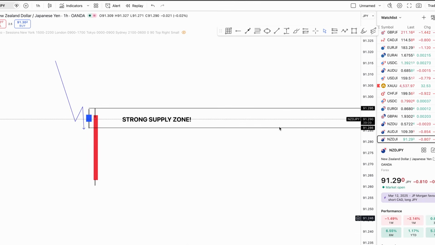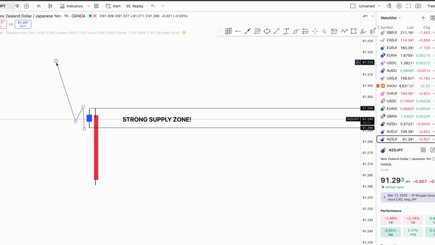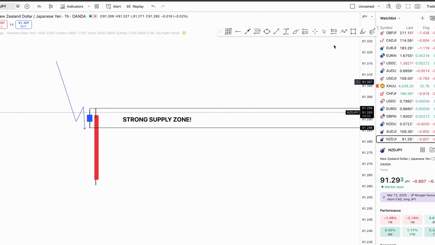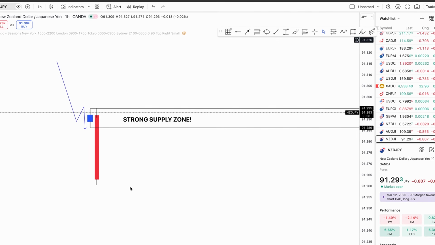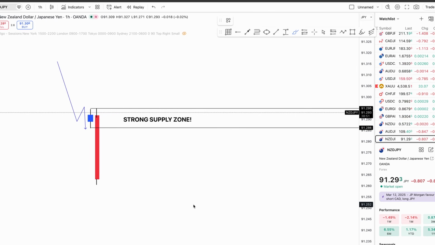In this example, I've got an example of a sell structure coming from a strong supply zone, and of course what we'd want to see is price moving back into the supply zone and a move that moves away from it.